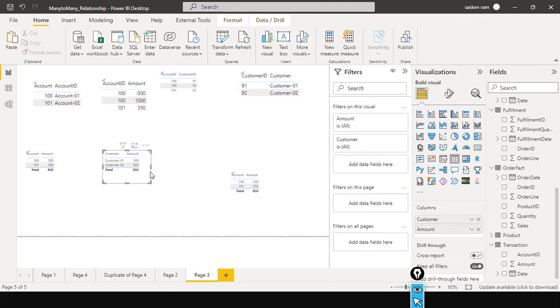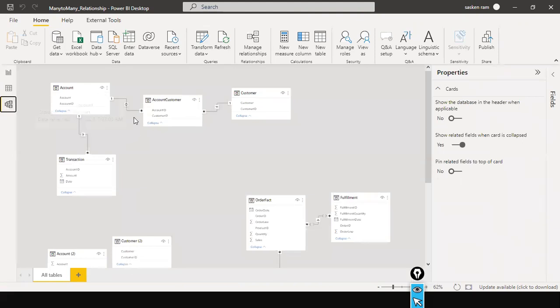But in order to get this value, you need to enable bi-directional relationship between these two tables. Why? Because the account table was directly linked with the transaction table. These two tables are linked with the account IDs. Hence, there are no issues here.